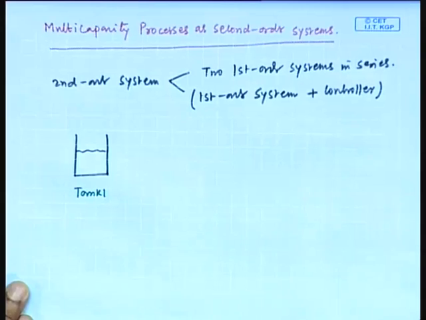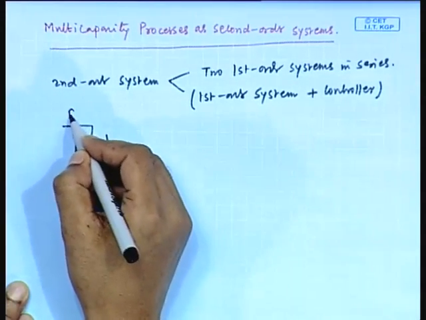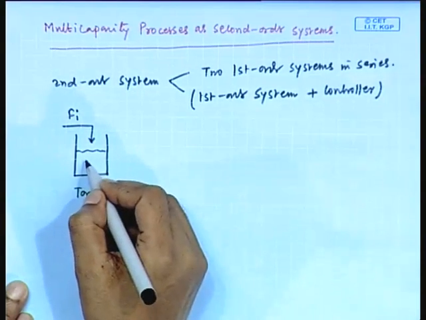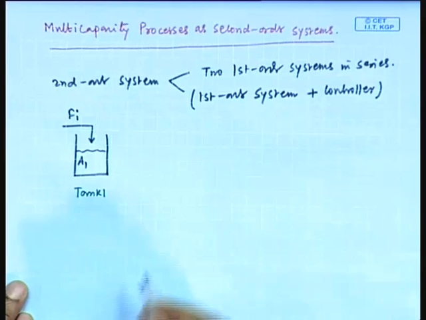Input to this tank is Fi. Cross sectional area is suppose A1. Height of liquid in the tank is suppose H1.